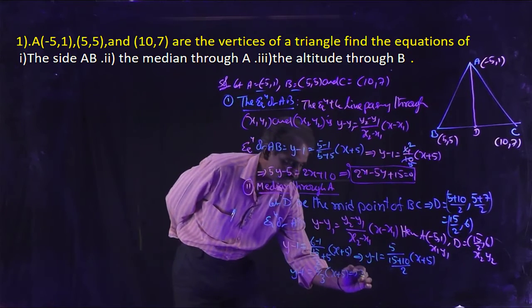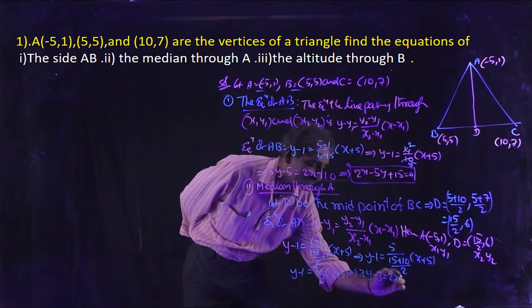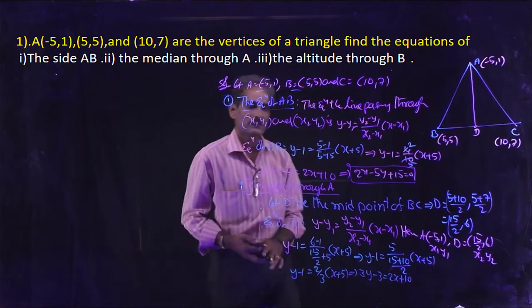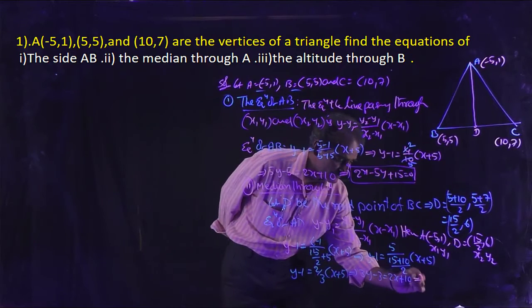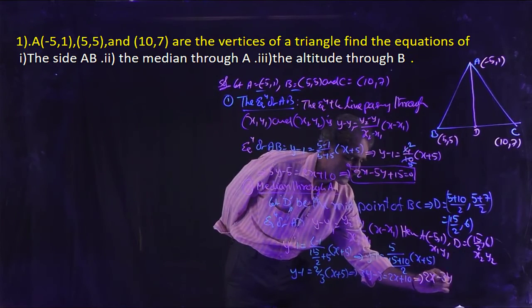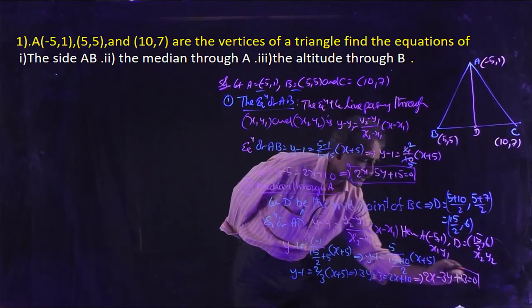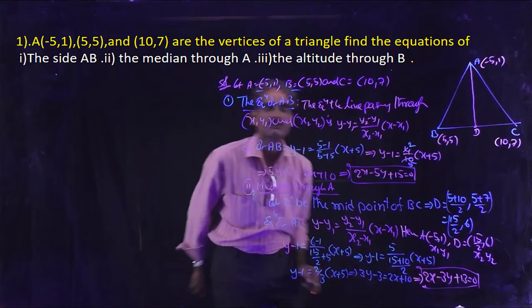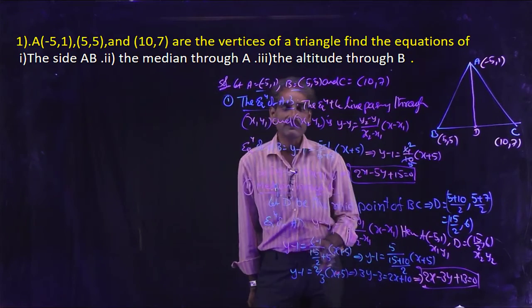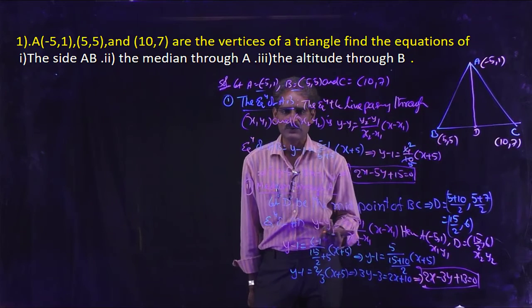This implies 3y minus 3 is equal to 2x plus 10, which implies 2x minus 3y plus 13 is equal to 0. This is how to find the median through A. We can find the median through B and median through C also.